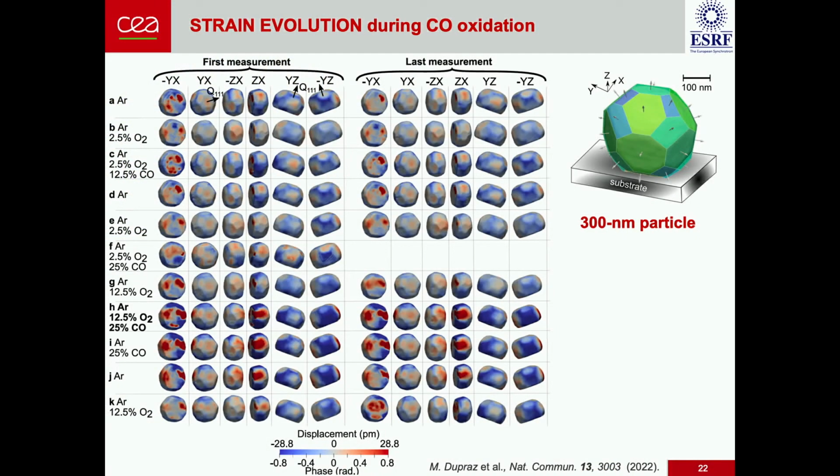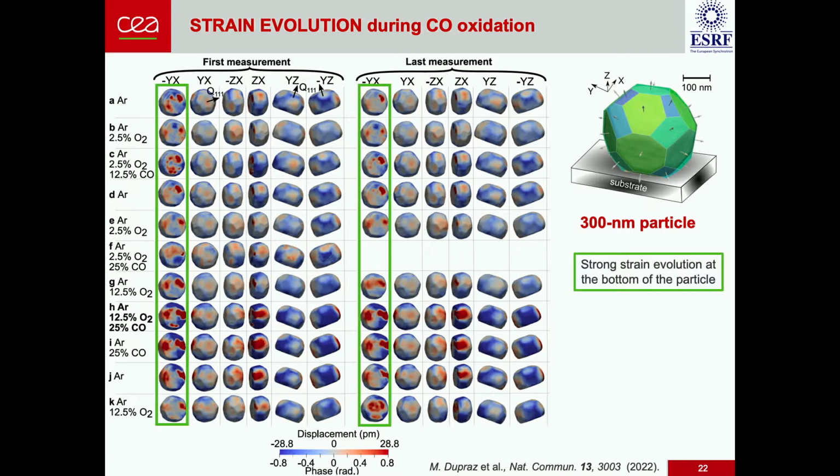The particle is still large, a 300 nanometer particle, connected to a substrate. But first, what was quite interesting is that here we are looking at the bottom of the particle, and we can see some strong evolution of the strain at the bottom of the particle. We were not expecting this because there was this support, but this was interesting.